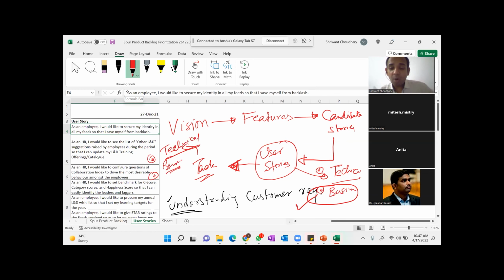A user story is not the thing on which the activity will be based. The day-to-day activity of the team is not planned based on user stories. The day-to-day activities are planned based on tasks.